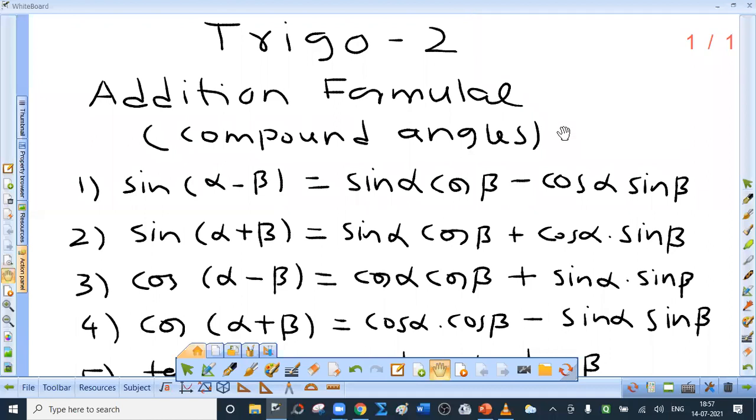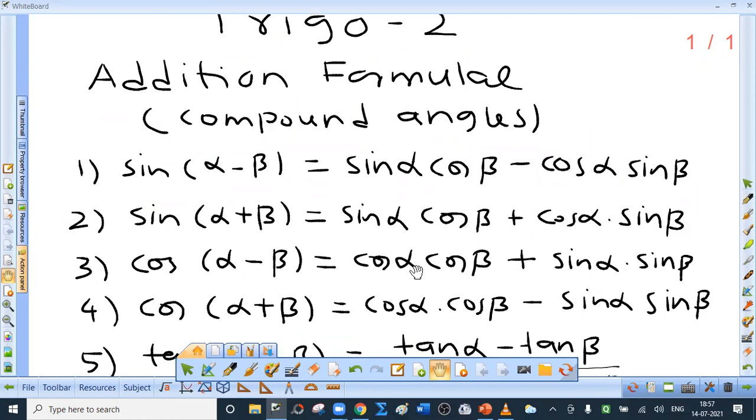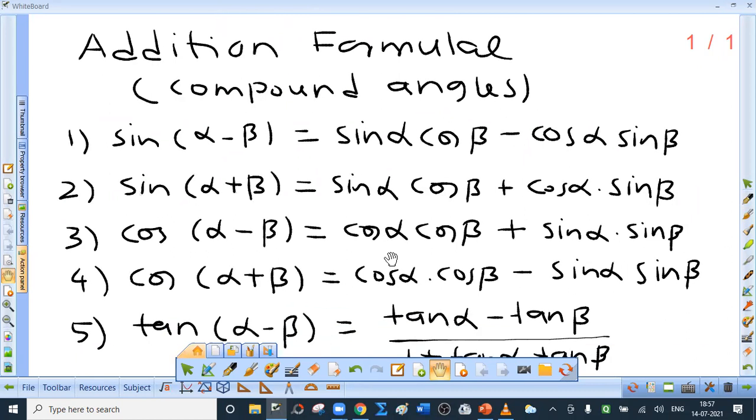Okay, so here I have listed formally. Instead of a minus b, I have taken alpha minus beta. But as I said, it is true for any two real angles. Sine of alpha minus beta, sine alpha cos beta minus cos alpha sine beta. Sine of alpha plus beta is sine alpha cos beta plus cos alpha sine beta.